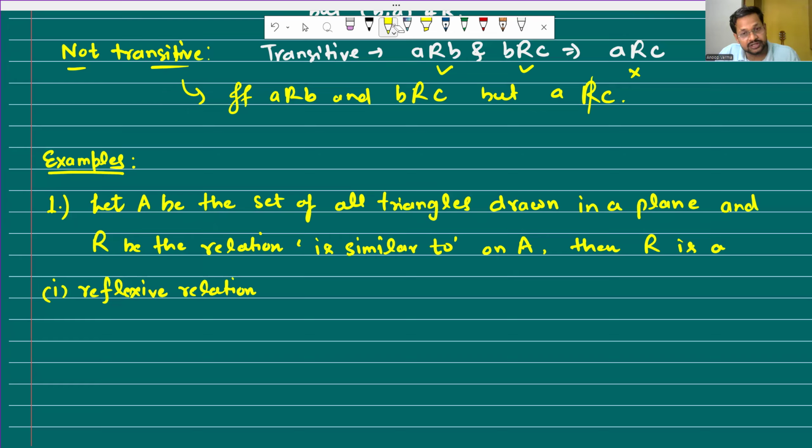आपसे अगर रीजन पूछे कि क्यों, तो यू कैन आल्सो डिफाइन द रीजन दैट एवरी ट्रायंगल इज सिमिलर टू itself, है ना.